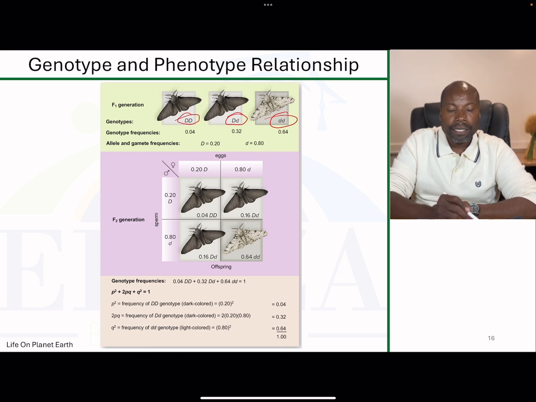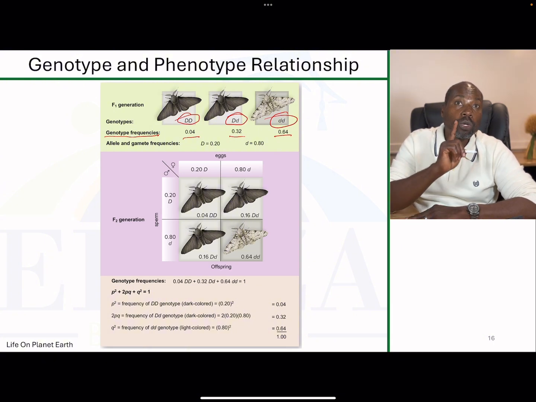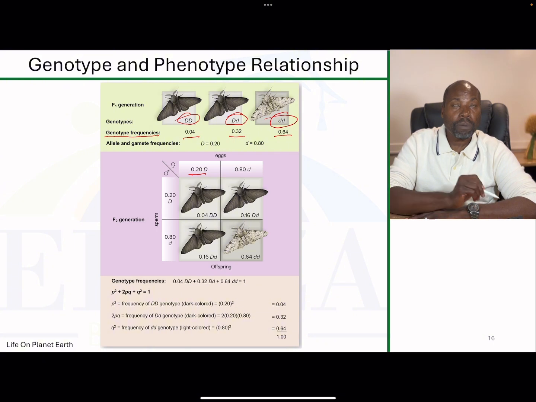The genotype frequency for the dominant one is 0.04, the heterozygous is 0.32, and the homozygous recessive is 0.64. We also determined that the frequency of the dominant allele is 0.2, I'm sorry, while the frequency of the recessive allele is 0.8.